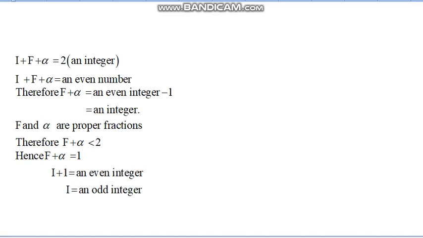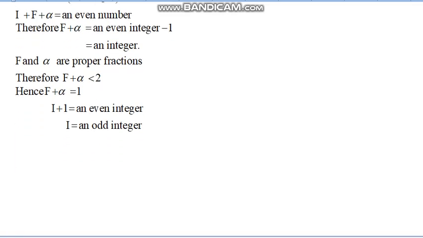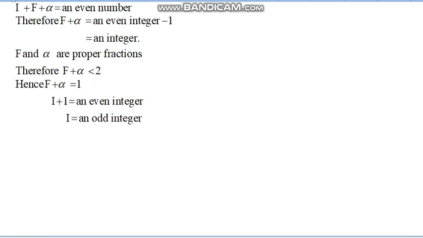Okay, so integer plus 1 equals an even integer, because every odd integer plus 1 is an even integer, therefore I should be an odd integer only. When you remove the 1 it is an odd integer, so I becomes an odd integer, so the integral part is an odd integer, that we needed to prove.